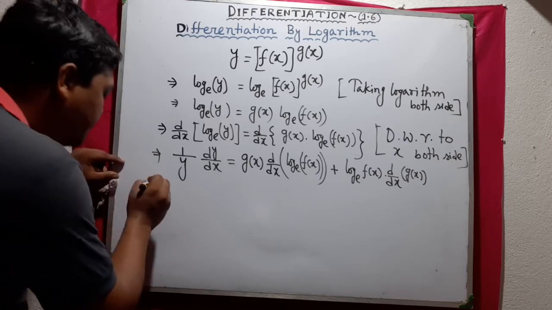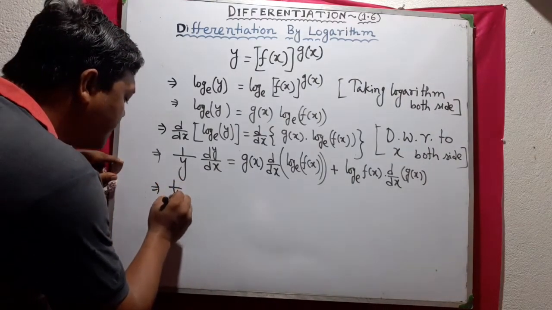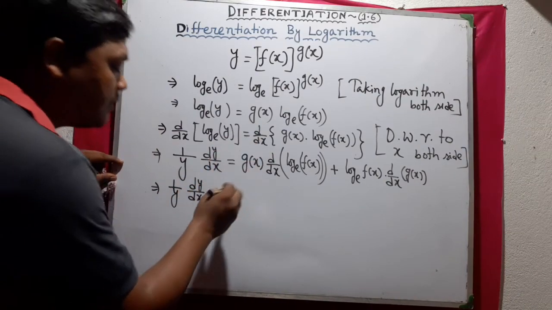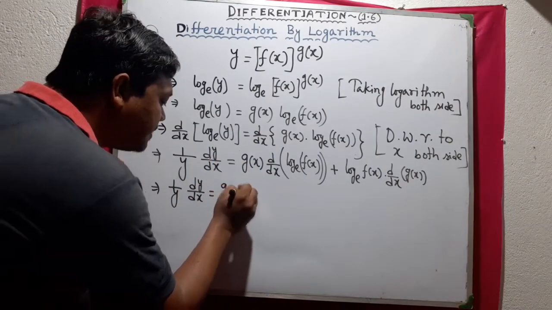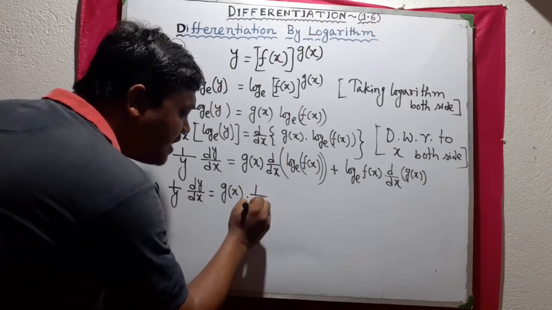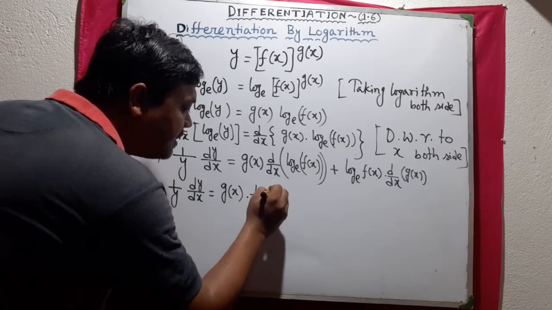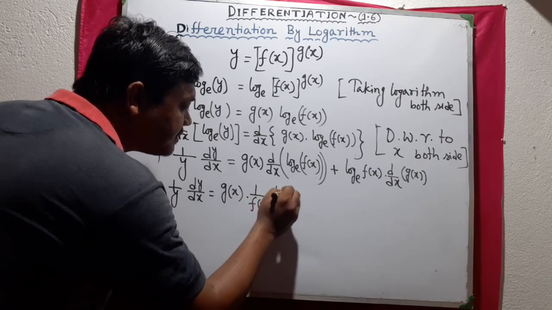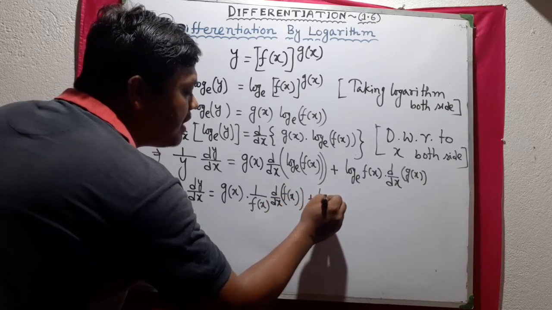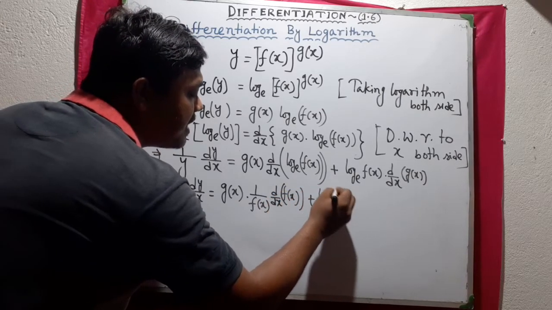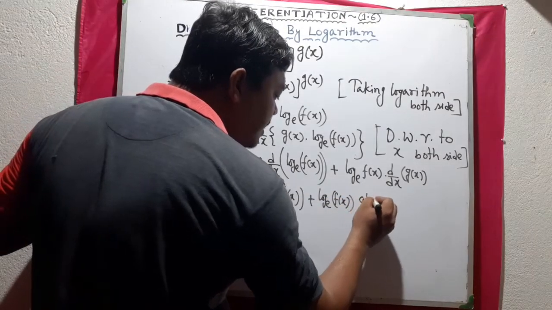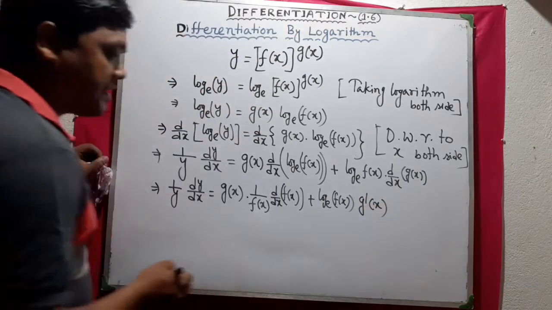So next, 1 by y dy/dx equals g(x) into the derivative of log f(x), which is 1 by f(x) into d/dx of f(x), and log base e f(x) into d/dx of g(x), which we can shortly write as g dash x.